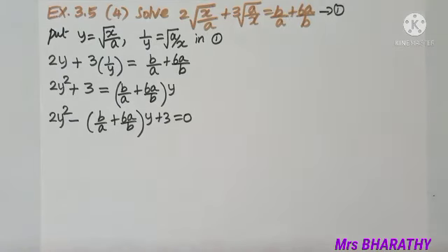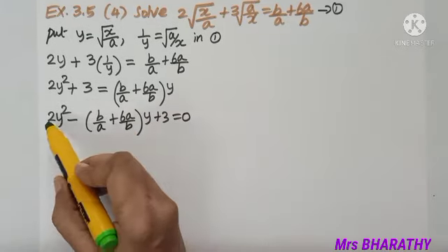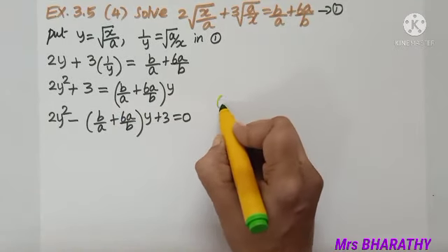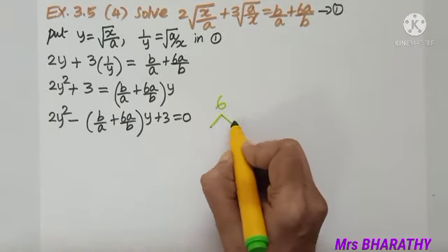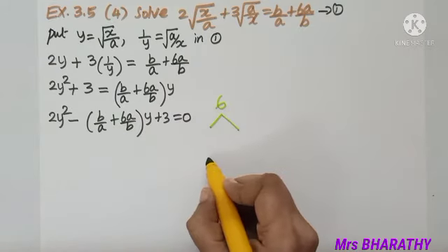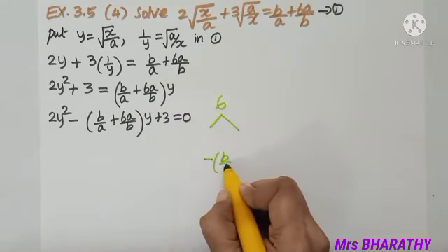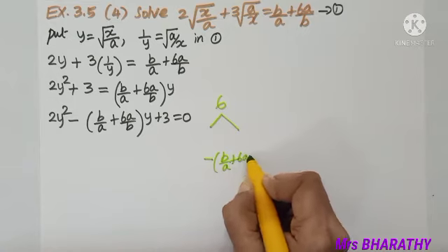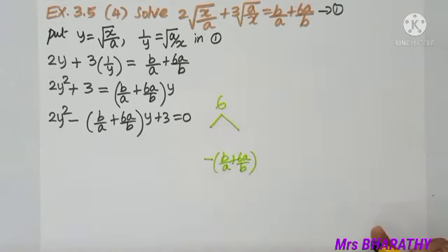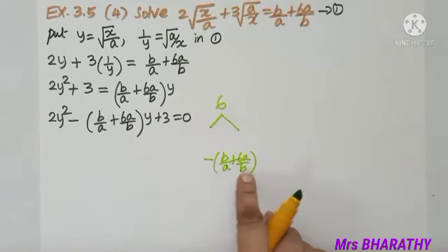As we need to factorize, let us remember 2 into 3, I put 6, and I want minus b by a plus 6a by b. Obviously, these two are the factors. Check.